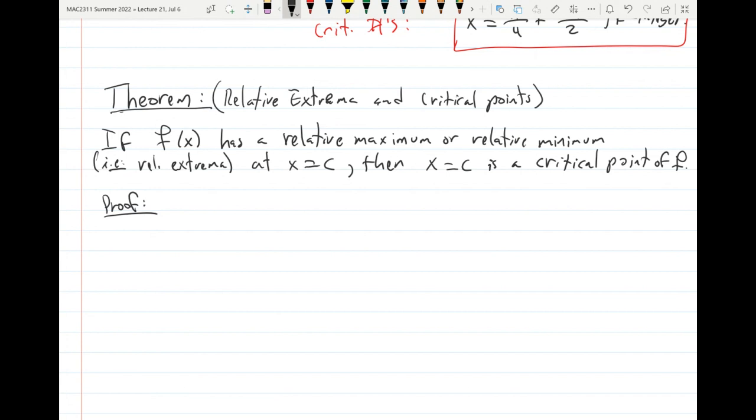If eventually you get to something that doesn't make sense, something that's not true, that means that something went wrong along the way. If you trust all the steps that you did, then the only thing that could have been wrong is your original assumption. You assumed that the opposite was true. That's wrong. So what must be true is the opposite of the opposite, which is what you want. Okay? That's how proof by contradiction works.